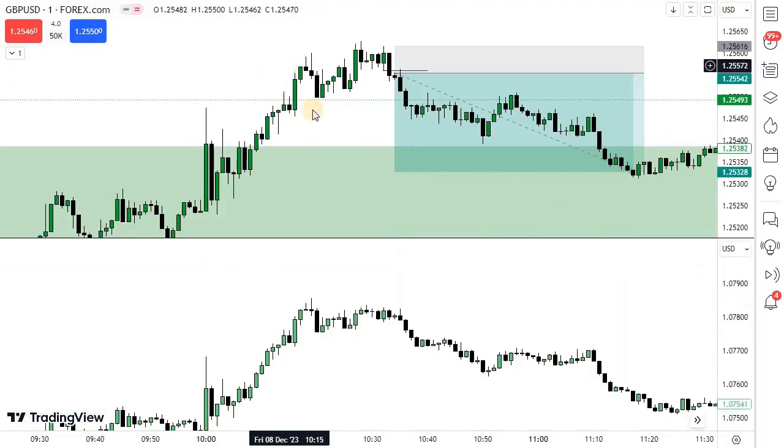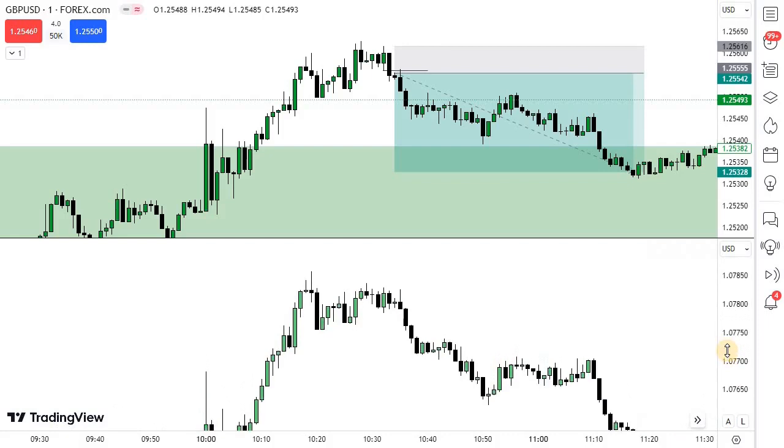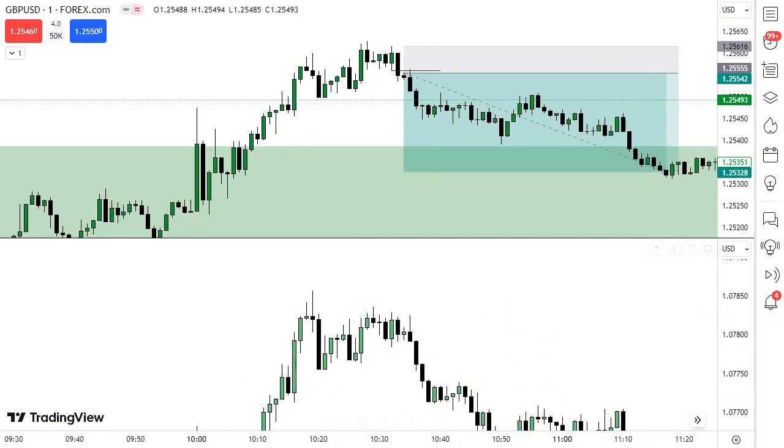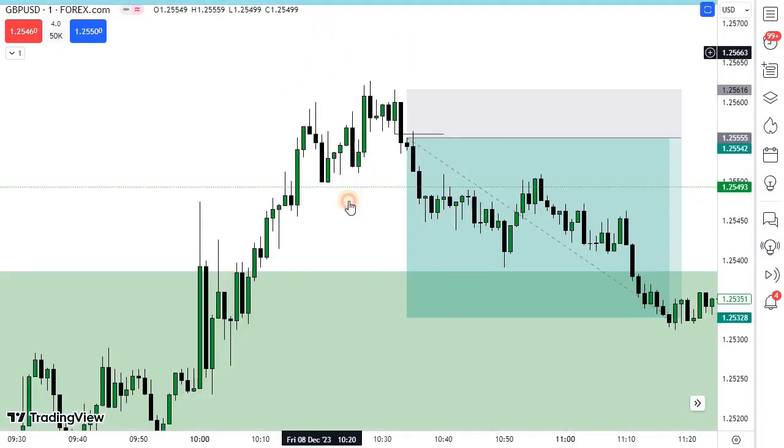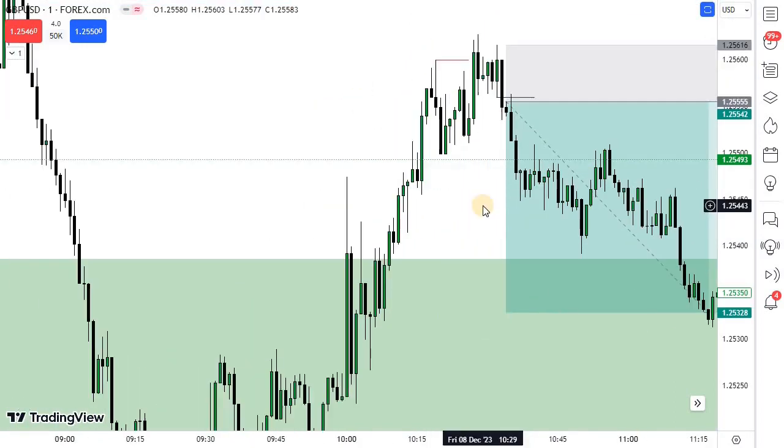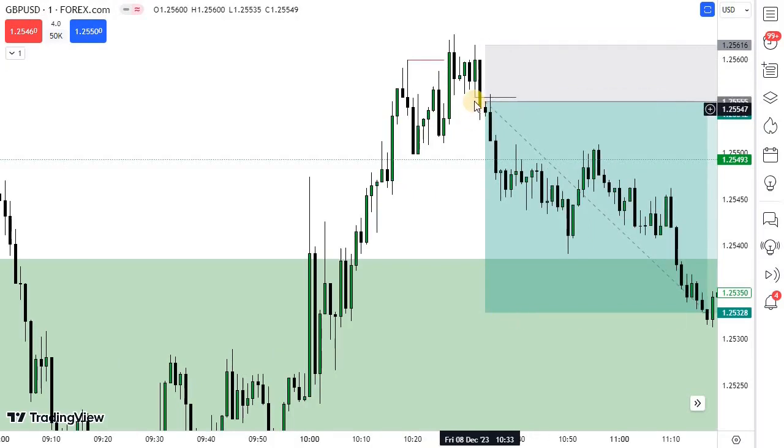And one more thing, you could see that here price made a lower high, but here what did price do? Price made a higher high. So that was a stop run, and now it's gonna look for some sell side to be taken. So I entered the trade when I saw this fair value gap and price stepped into that.